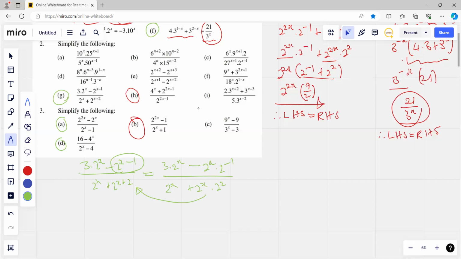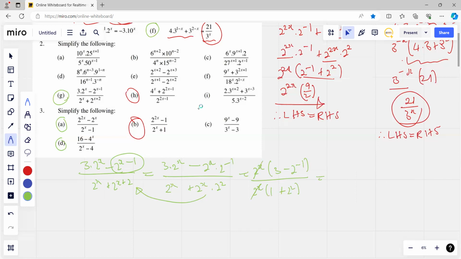Then we look at common factors here. The common factor is 2 to the exponent x. Then here we say 2 to the exponent x outside the bracket, 3 minus 2 to the exponent negative 1, over 2 to the exponent x in brackets, 1 plus 2 to the exponent 2. If you divide and there are values that are the same in the numerator and the denominator, they cancel each other.